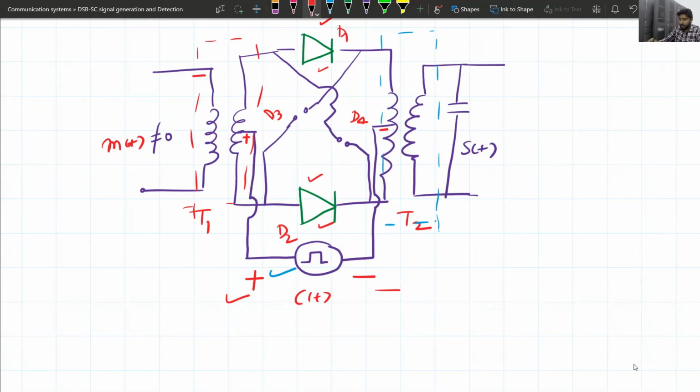Then suppose the polarity of MT is plus minus, then the same polarity will be observed here, and the same polarity will be developed across the primary of the transformer T2, and similarly across the secondary, the value of ST will be simply MT. So we can say when CT greater than 0, ST is equal to MT.